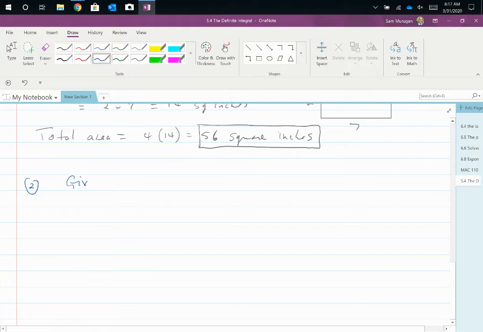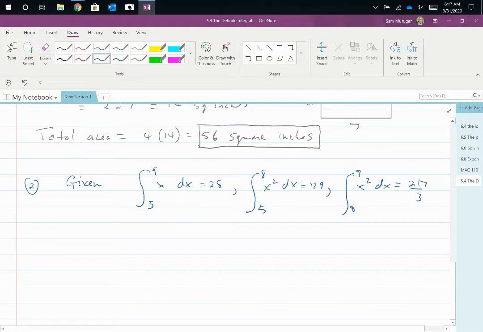Given the integral between 9 and 5 of x dx is equal to 28, the integral between 8 and 5 of x squared dx is equal to 129, and the integral between 9 and 8 of x squared dx is equal to 217 over 3.